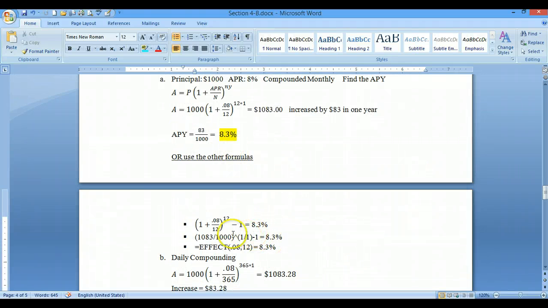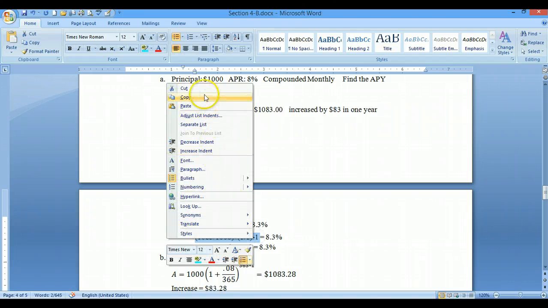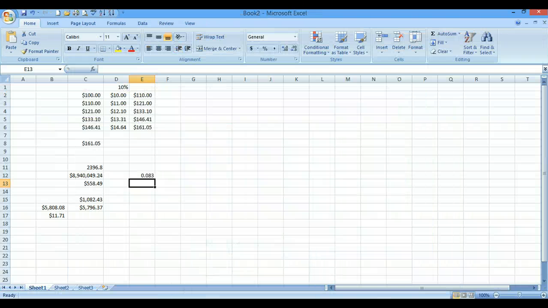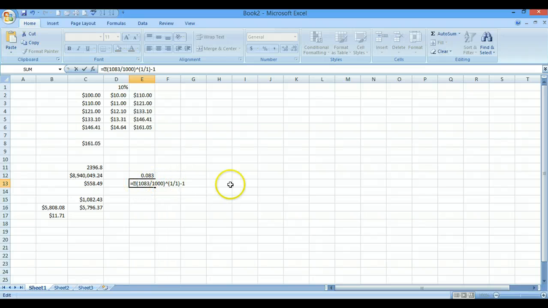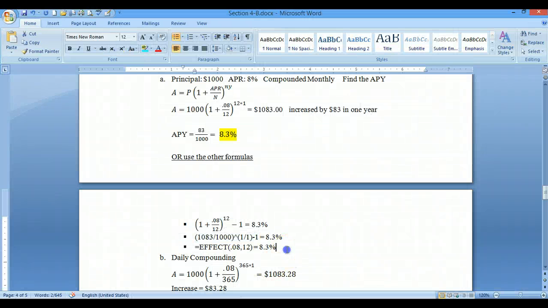And this one, remember, a caret sign is raising to a power. Let's go ahead and take this whole thing, copy and paste it into Excel. Equals, type it in. I think everything's ready to go. It has a little bit of an issue. Get rid of that. And same thing, 8.3%.